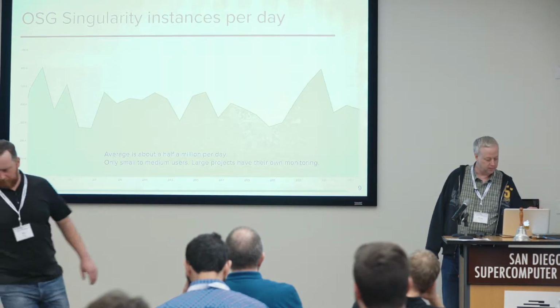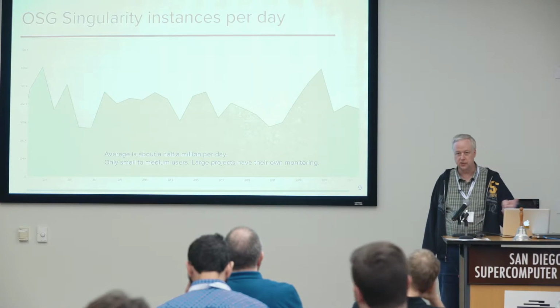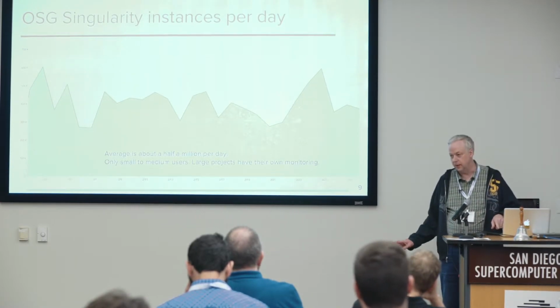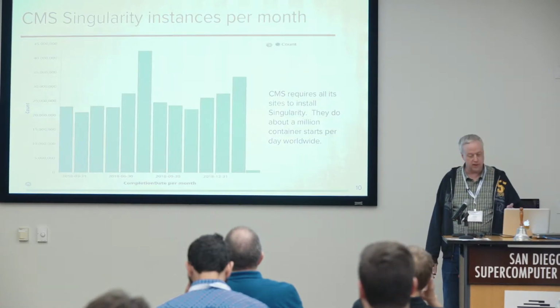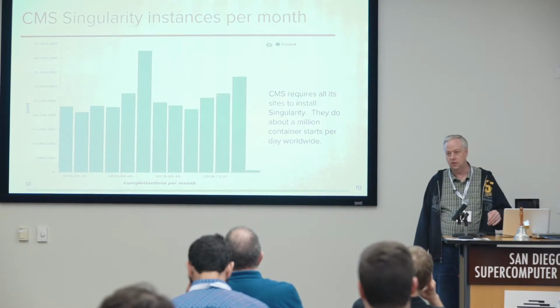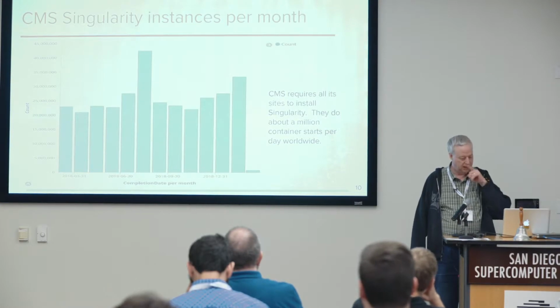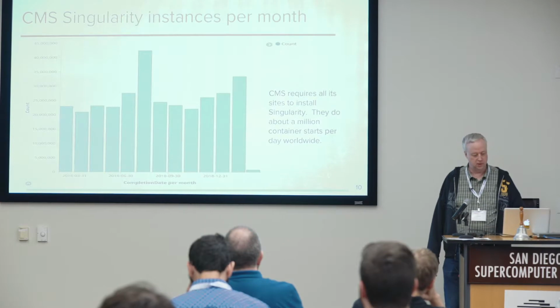Basically, it's been about 500,000 Singularity starts per day over all of the OSG, and this doesn't include CMS or the big projects yet. Another slide for CMS shows about 1 million per day worldwide, so probably a similar amount, about 500,000 per day, on the OSG, and another 500,000 or so on the rest of the world.